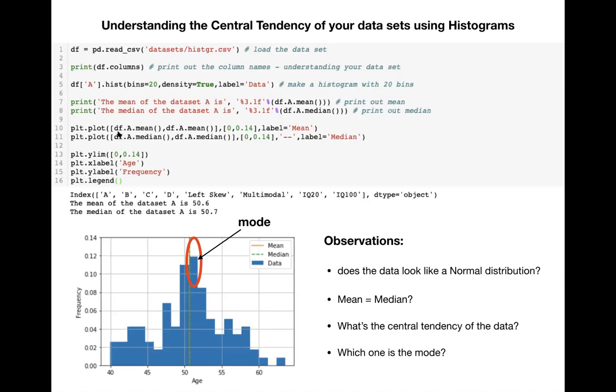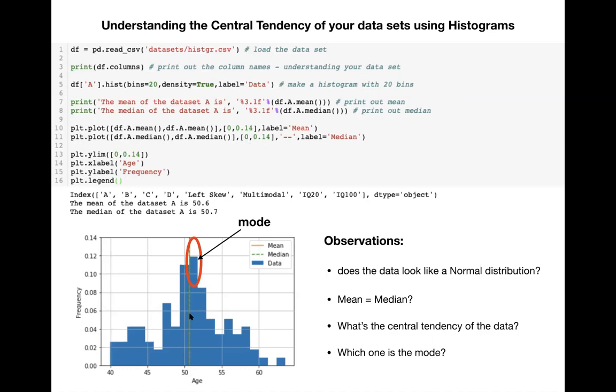So what I'm doing here is plotting a vertical line from 0 to 0.14 at the mean, and I label it as mean. And I also draw a vertical line at the median value, the same line here. And you can see that the median almost equals the mean.